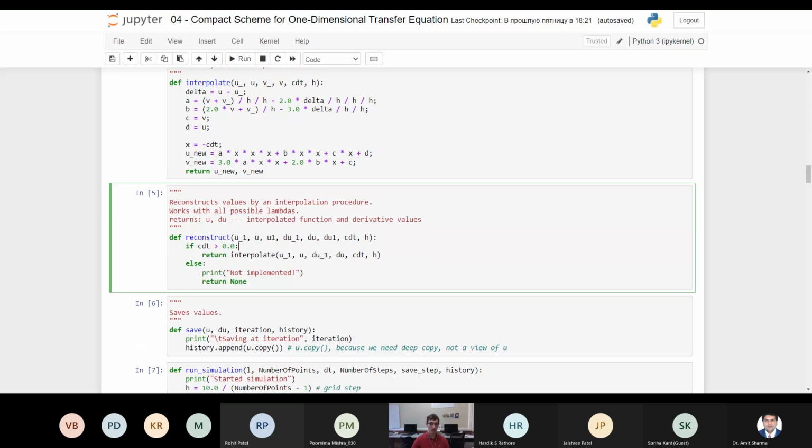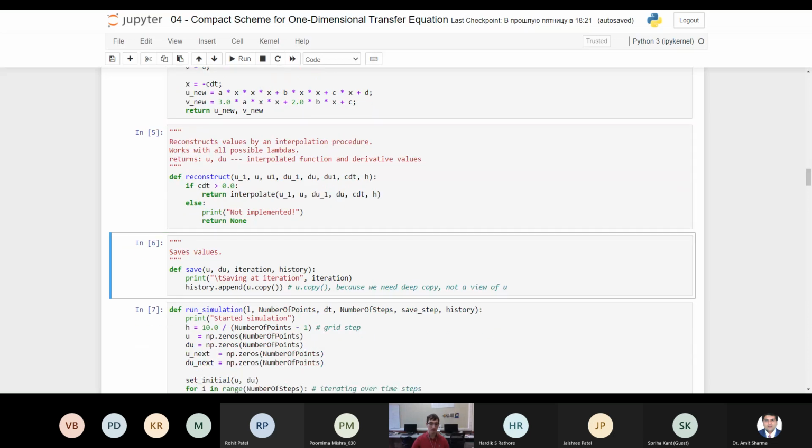Okay, so next we have an auxiliary function that saves the values at the current iteration in the history array.